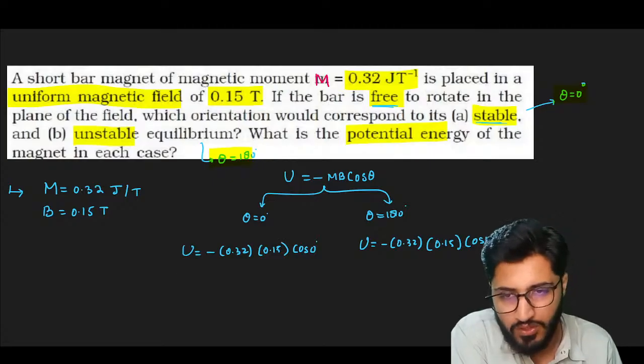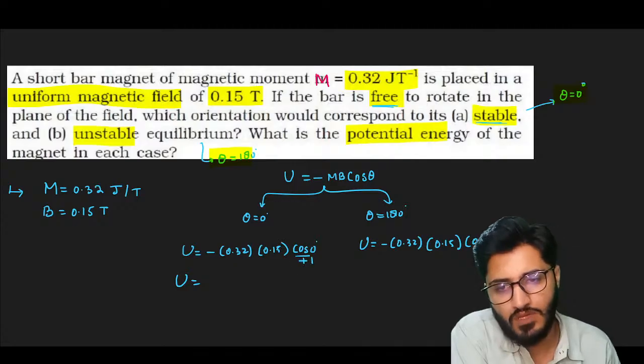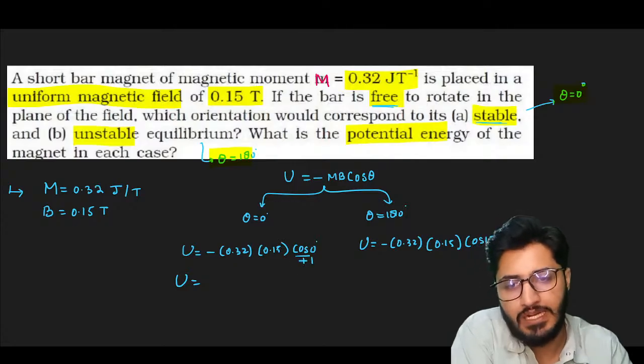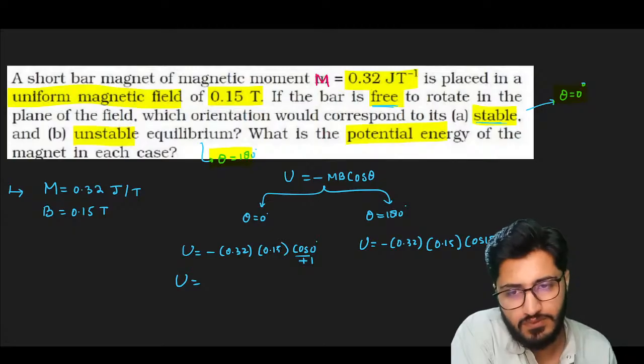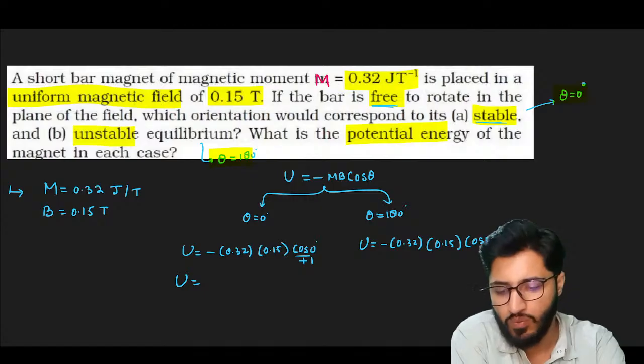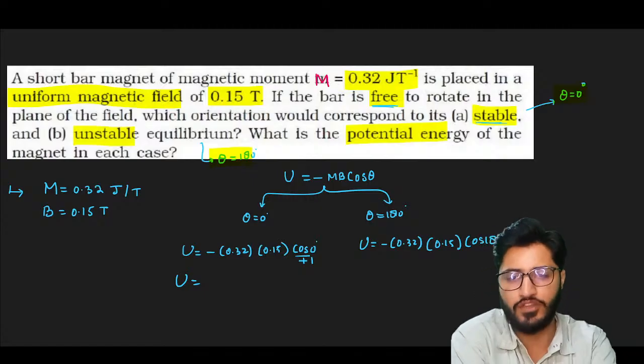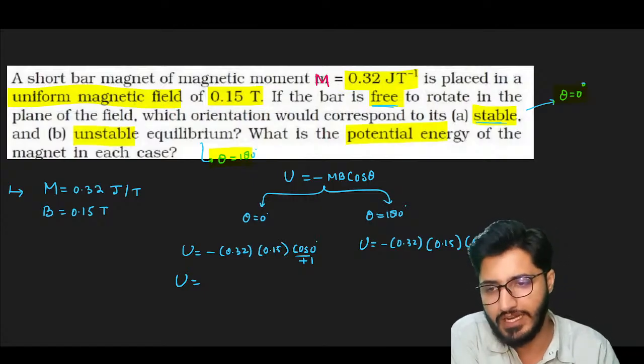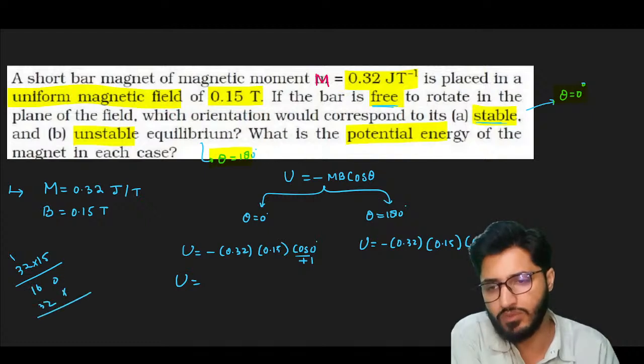Cos 0 is plus 1. So we need to calculate 0.32 multiplied by 0.15. We can write it as 32 multiplied by 15. 5 twos are 10, 15, 16, 32, 0, 8, 4.